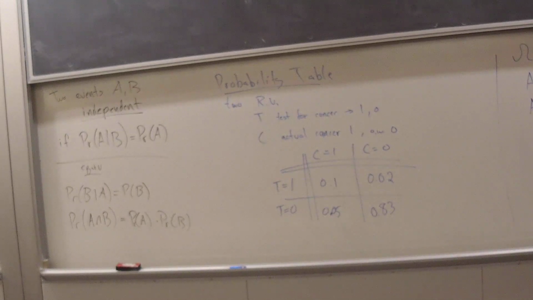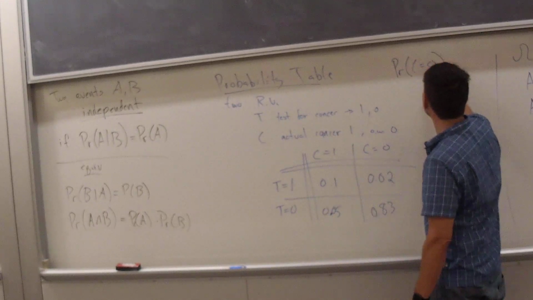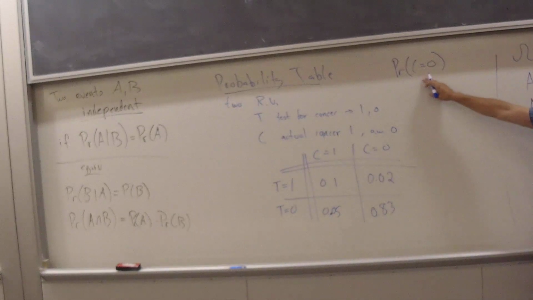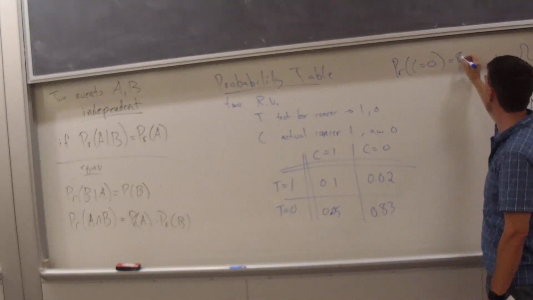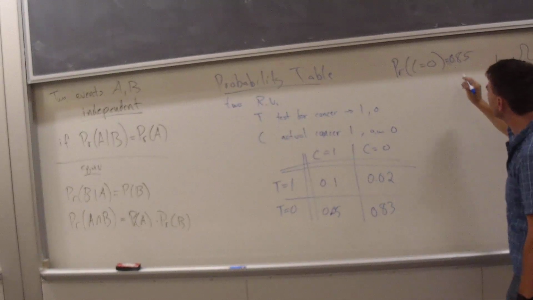Okay, and so this is useful to write in this table form. You can ask a lot of questions. What's the probability that I don't have cancer? This is 0.85.